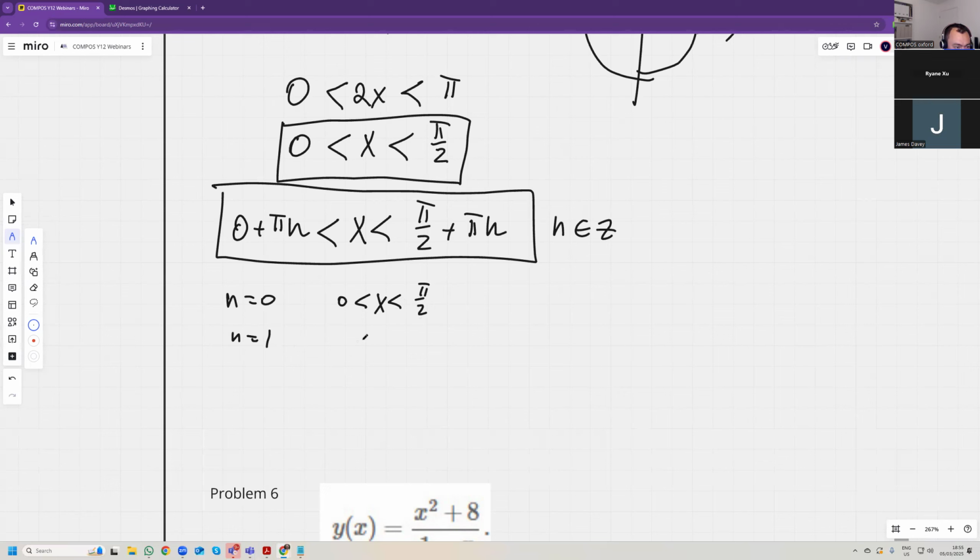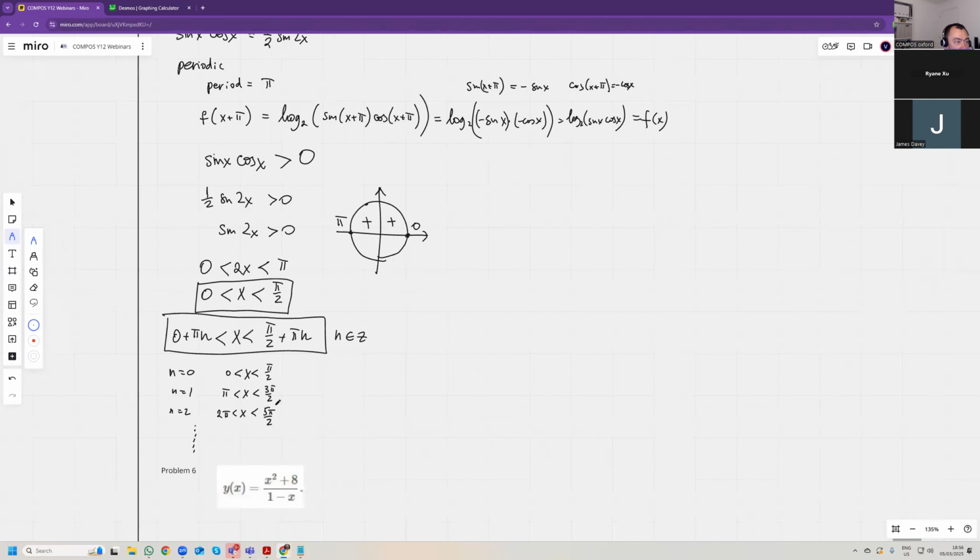If n is 1, x is between pi and 3 pi over 2. If n is 2, x is between 2 pi and 5 pi over 2, etc. So the function only exists on these single intervals.